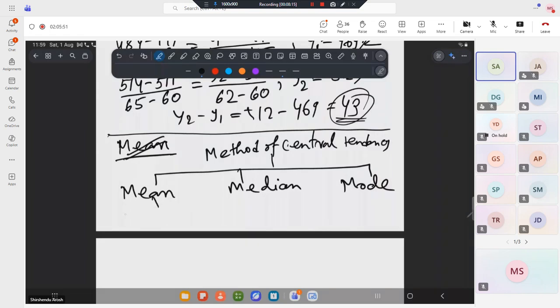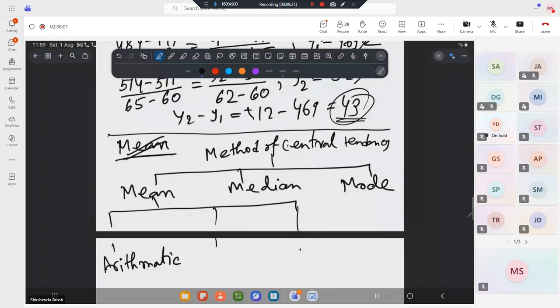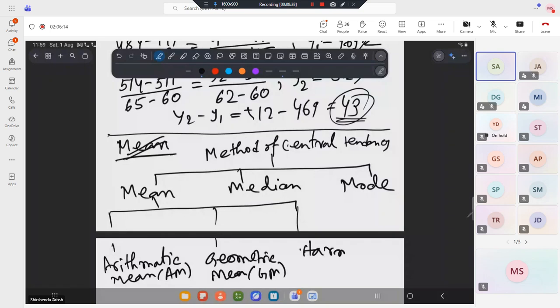And as you know, mean is of three types. One is arithmetic mean, short form AM, geometric mean, short form GM, and harmonic mean, short form HM, right?